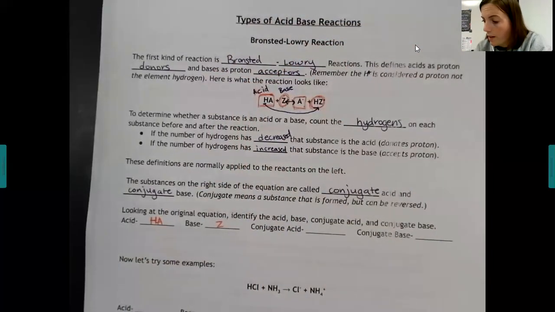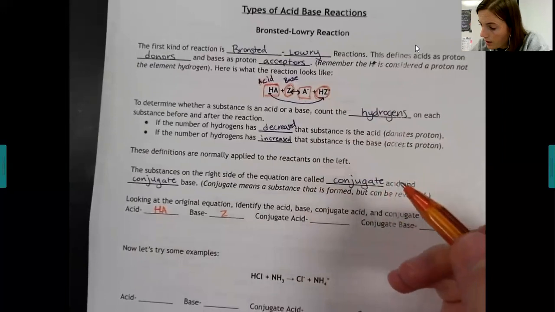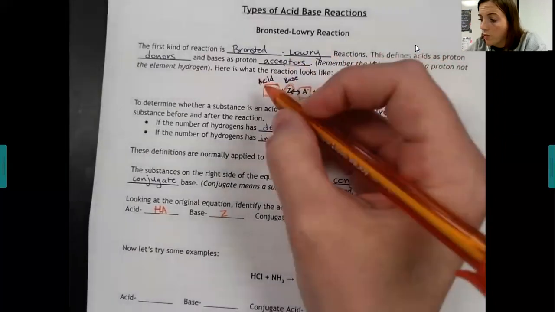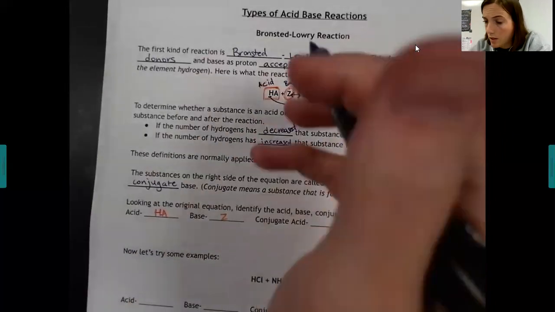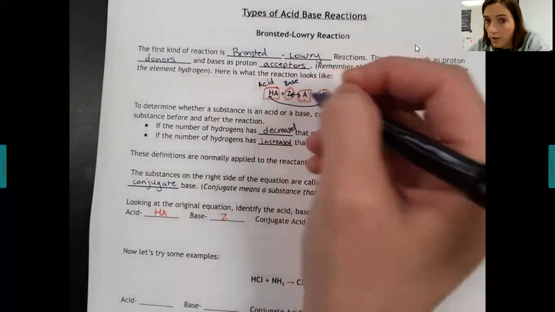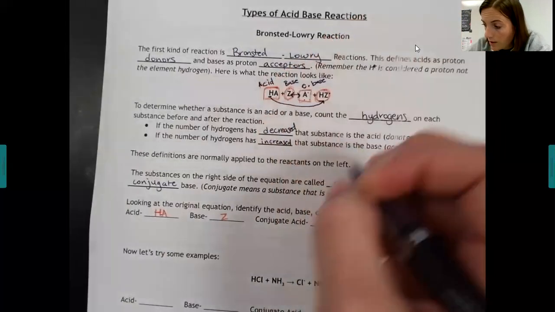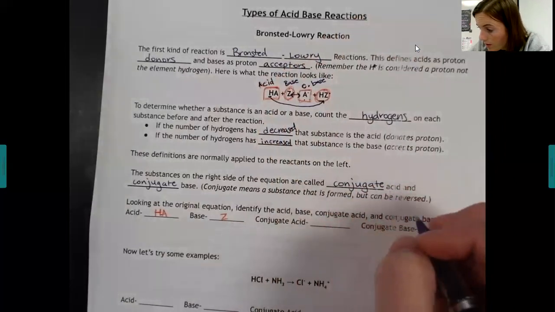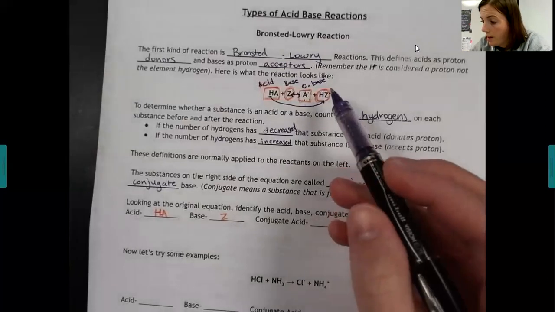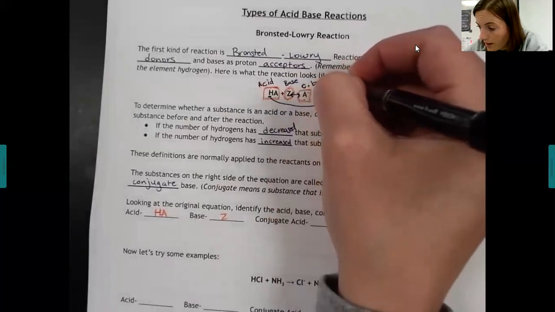Then for the conjugates, if we have an acid here in this square, that means the A on the other side is going to be the conjugate base. I'm just going to say C base. So the A minus is my conjugate base, and the HZ plus is going to be the C acid.